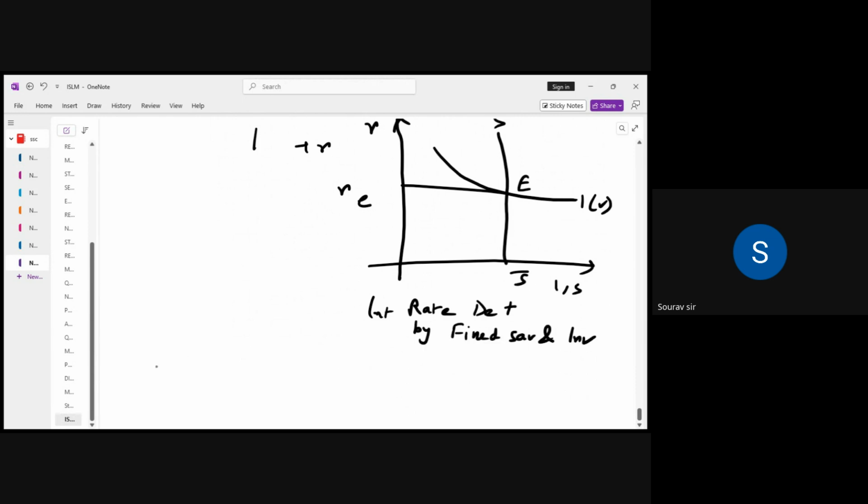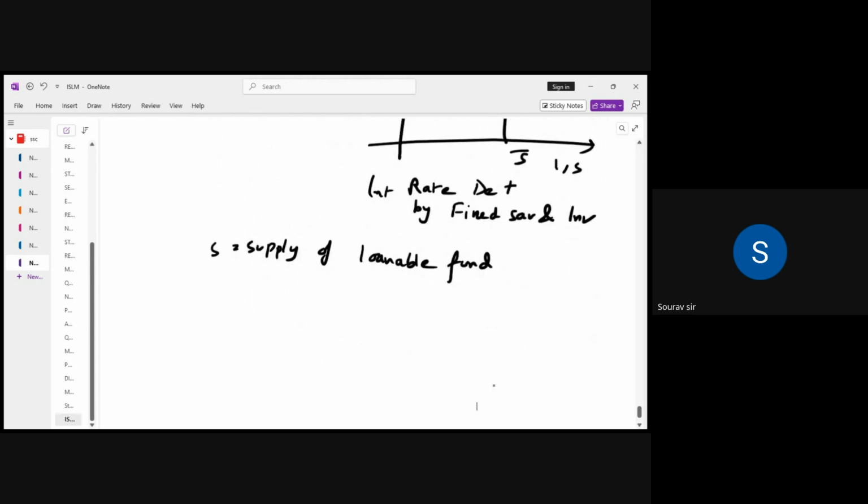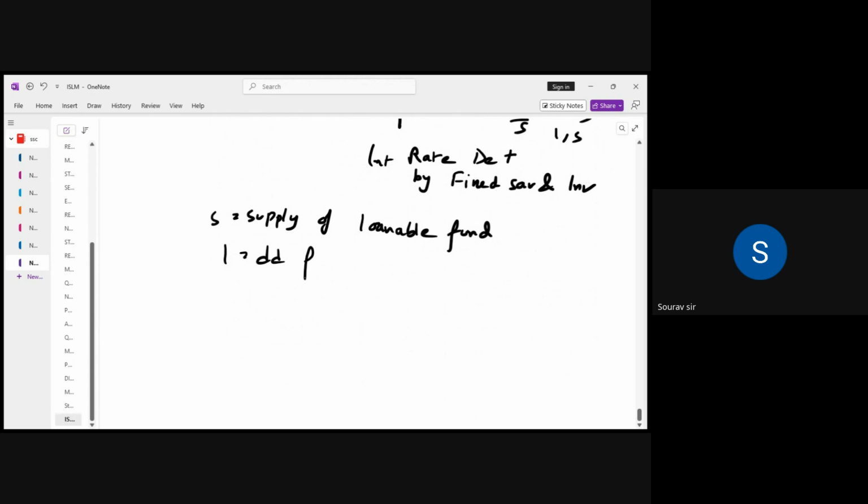So what do we mean by that? S is interpreted as the supply of loanable funds, and I is the demand for loanable funds. So the equilibrium rate of interest R of E is determined where?